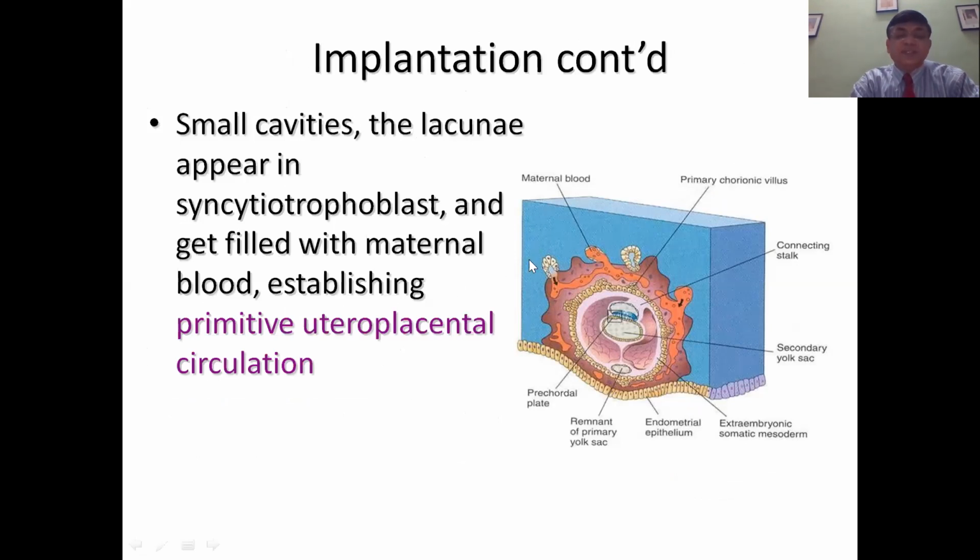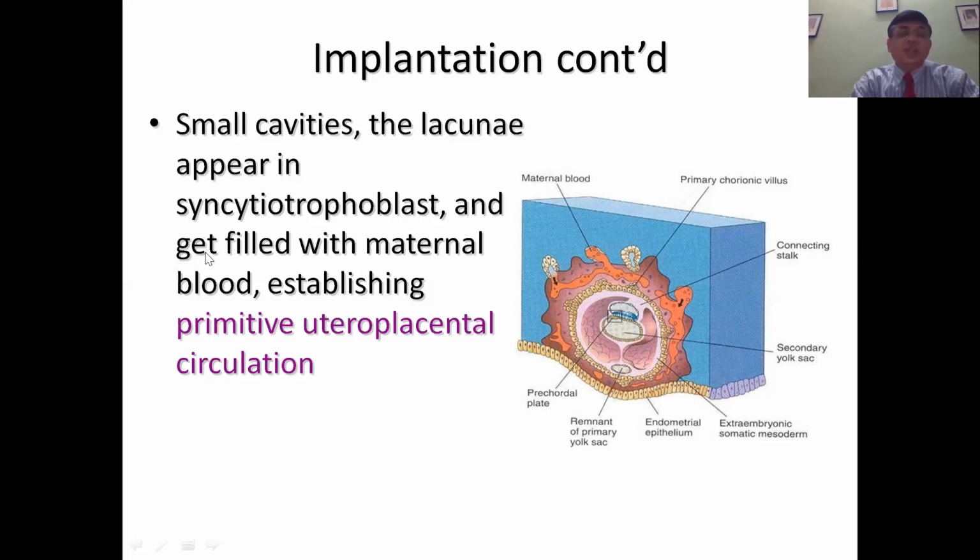What happens in this syncytiotrophoblast is small cavities or the lacunae appear in the syncytiotrophoblast. Please write down. Small cavities or the lacunae appear in the syncytiotrophoblast. And what these lacunae do?